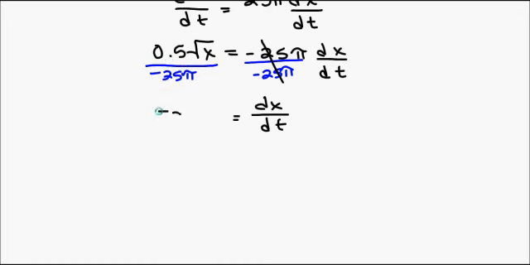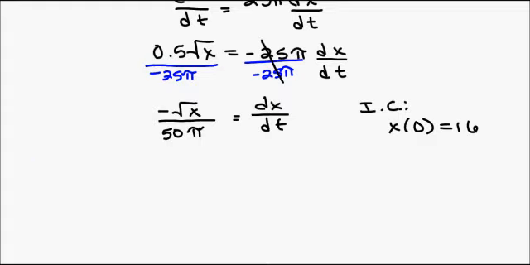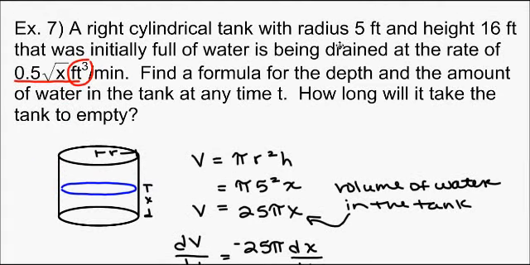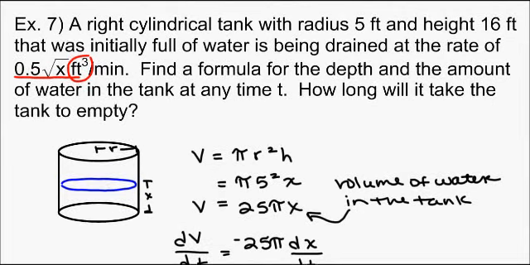So this is negative square root x over 50 pi.